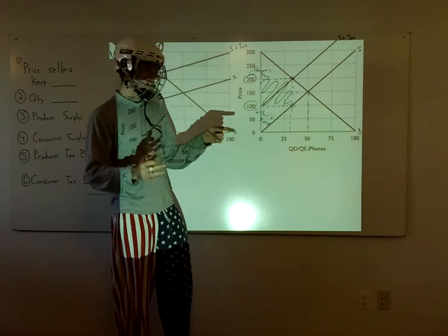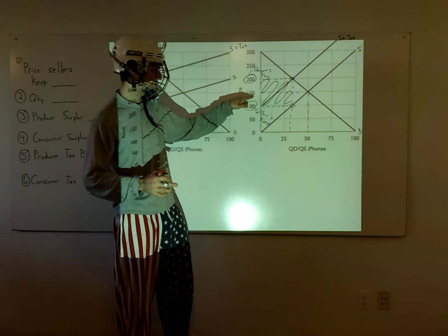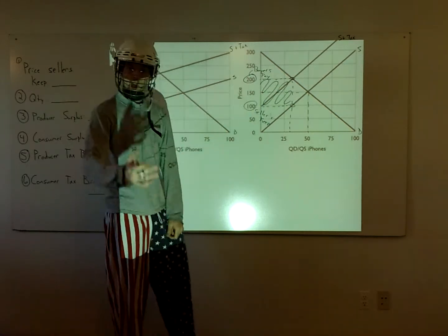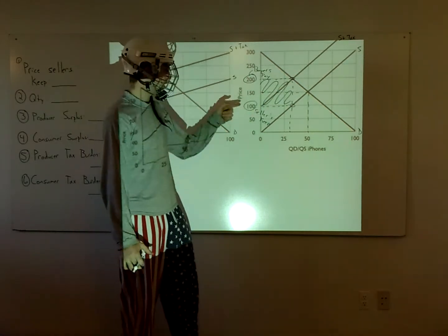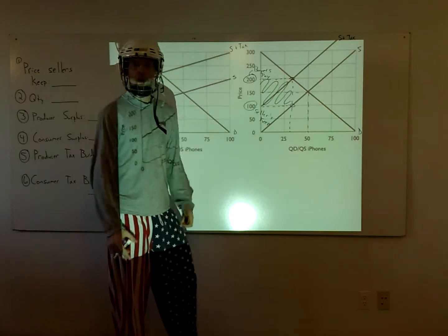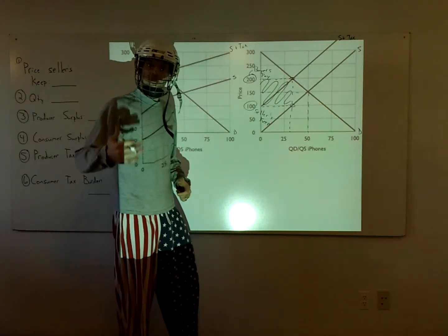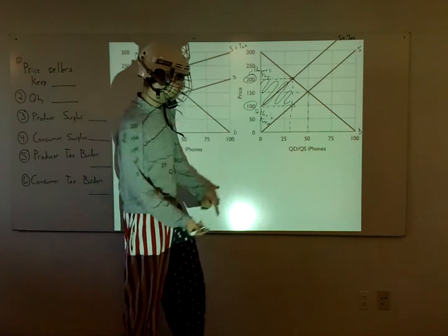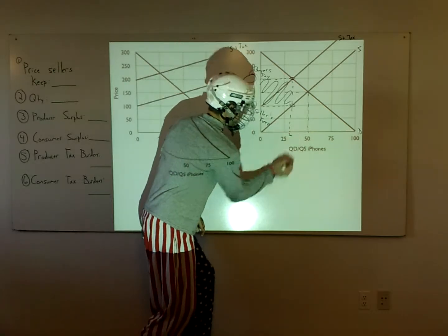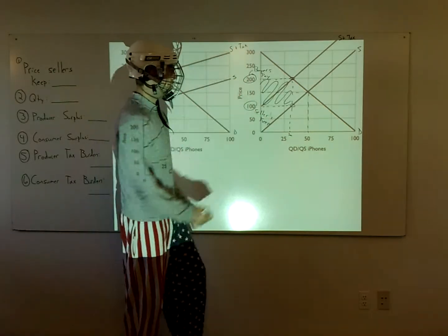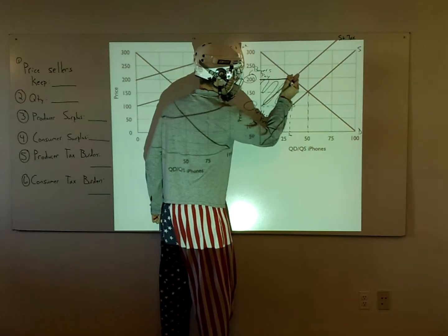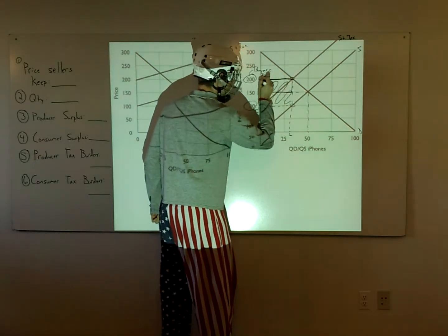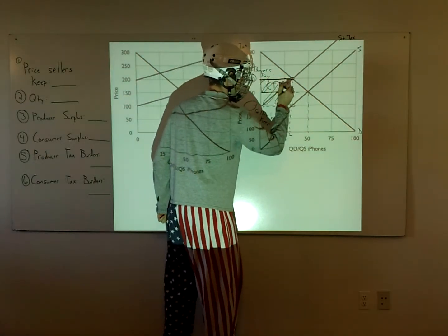And it's going to be divided along that original price, which was 150. So here. Originally the buyers paid 150. Now they get 200. So that means that they paid $50 of this tax. And so let's say this is 30 units. Well, 50 times 30 is this box right here.